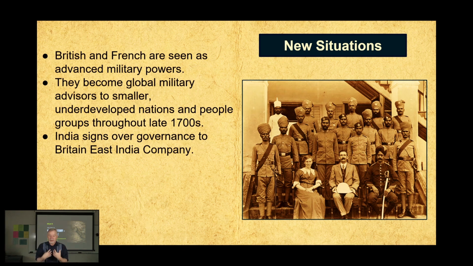So the locals' situation is, well, what do we do about it? We have this invading force. We are not equipped to handle their advanced military. What do we do? Well, in India, many people decided that they were going to join or participate in this takeover. They're going to become part of it. And that's why I said that the Indian locals were allowed to rise up to local powers of authority and work with the British.